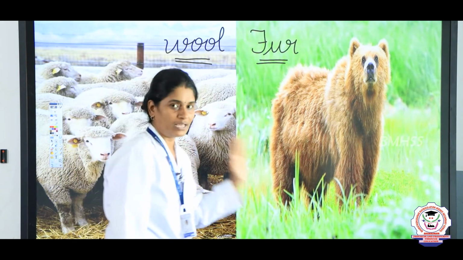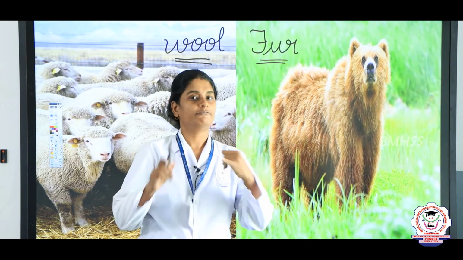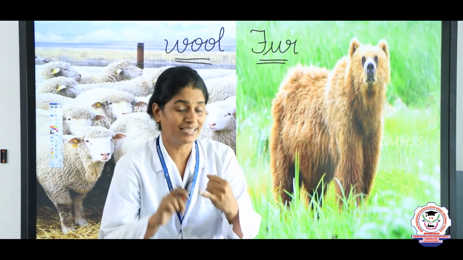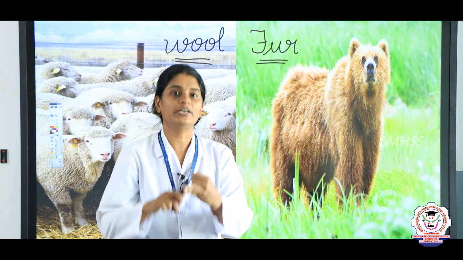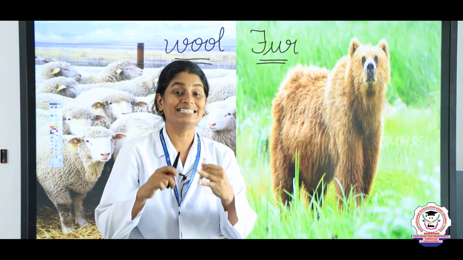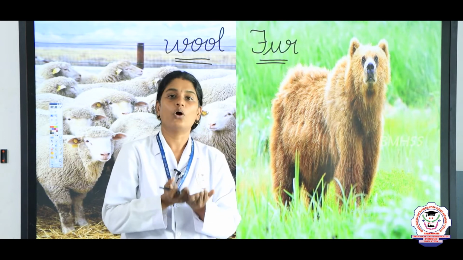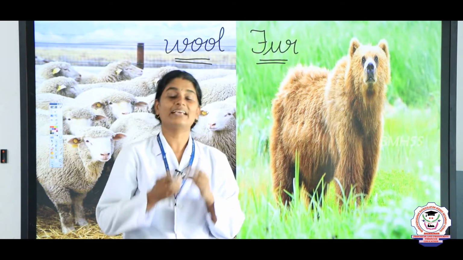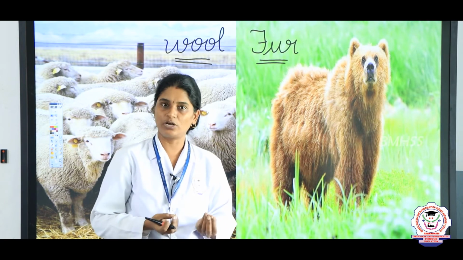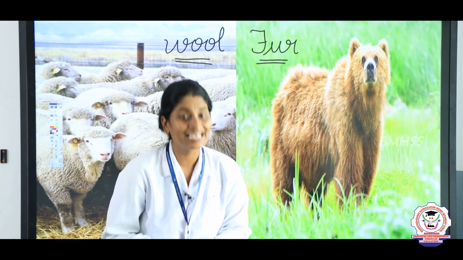So what are the body coverings that we discussed now? Cuticle for the insects: insects have a body covering called cuticle. Fish, snake, crocodile have scales.